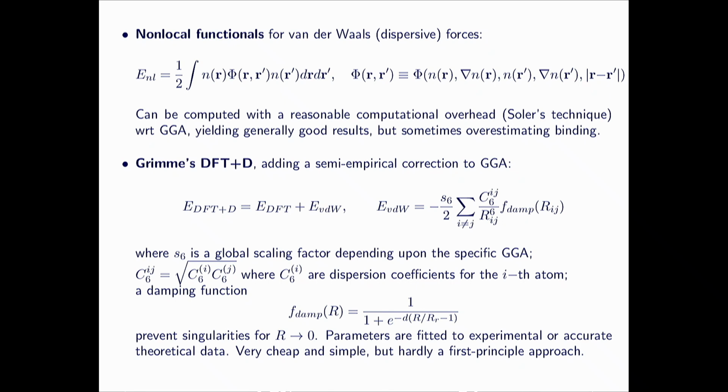You also need this damping function because you have to turn the van der Waals interaction off when the charges start to overlap. Otherwise, you have a divergence at 0. It's not really first principle, more like first and a half, but it works quite nicely. This Grimme DFT plus D3 is the most accurate, and it works quite nicely.